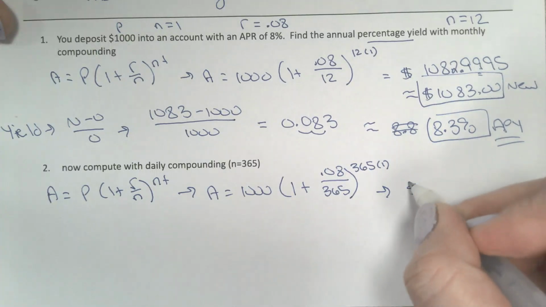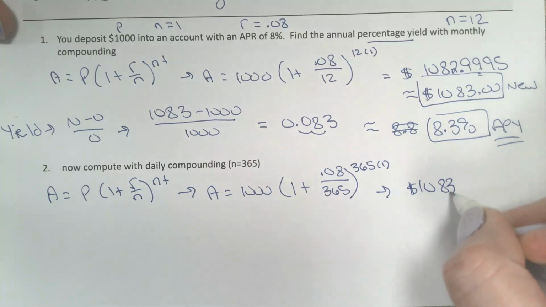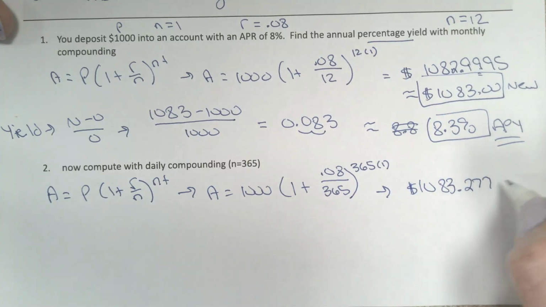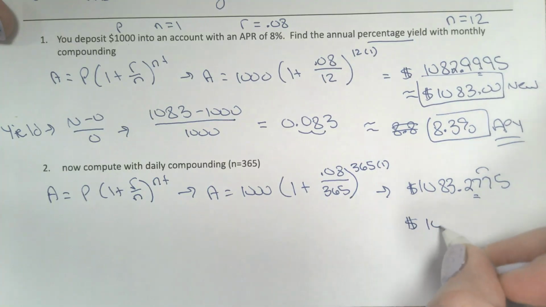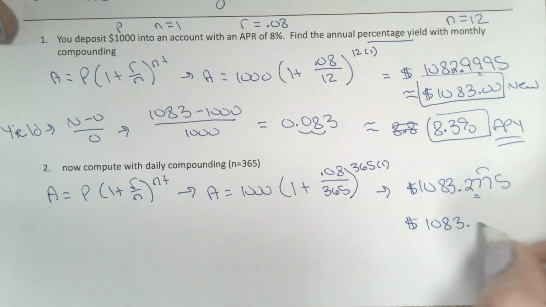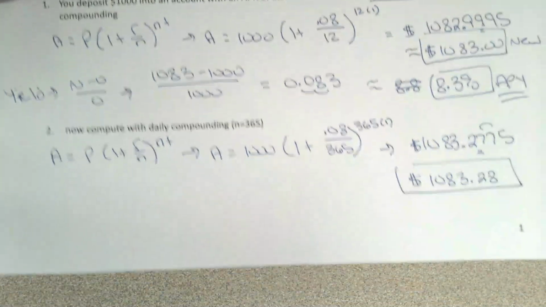So when I did this, I got 1,083.2775. I'm going to round to 2 decimals. The 7 is going to round up to an 8. So $1,083 and 28 cents is how much money I will have.